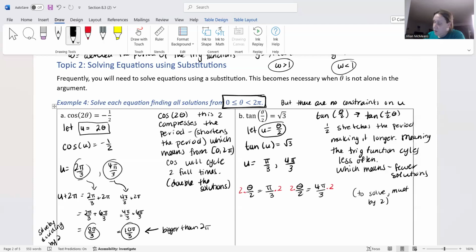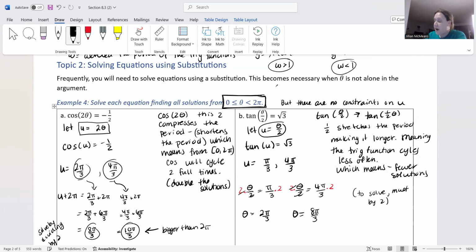The 2's here cancel, so I get my theta. And then instead of pi over 3, I get pi over 3 times 2, which is 2 pi over 3. And when I have theta divided by 2 equals 4 pi over 3, when I multiply both sides by 2, I get theta by itself. And then 4 pi over 3 times 2 is 8 pi over 3.